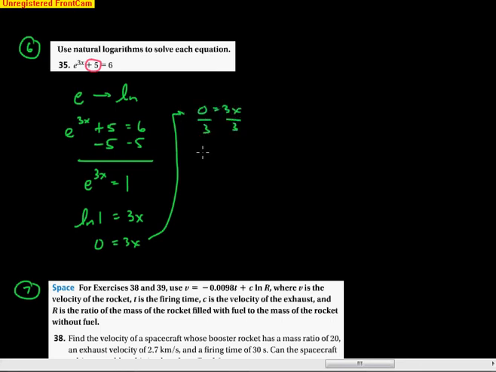Just divide by 3. And the solution to this problem is 0. Okay. You do not need to check because this was an exponential equation, so that is good. So just remember, when you have e in the problem, get the e and the exponent alone and then use natural log.